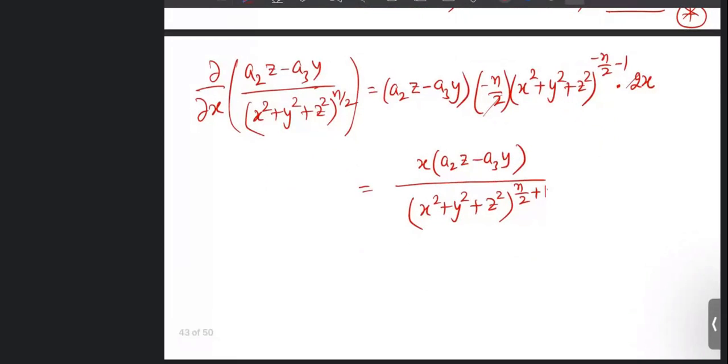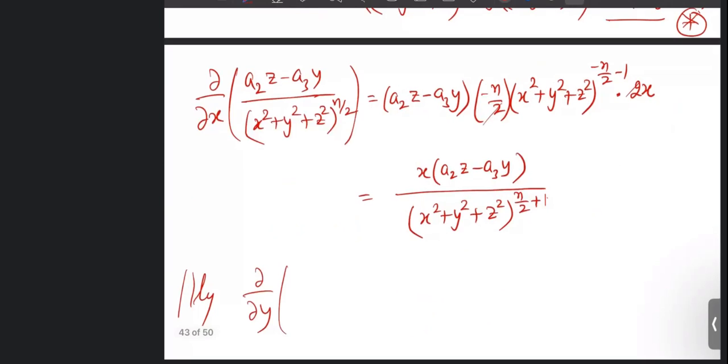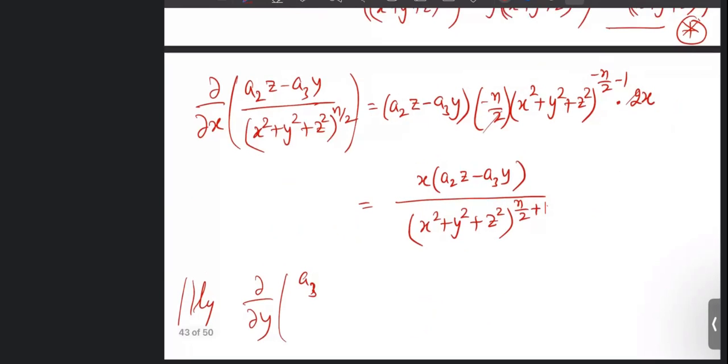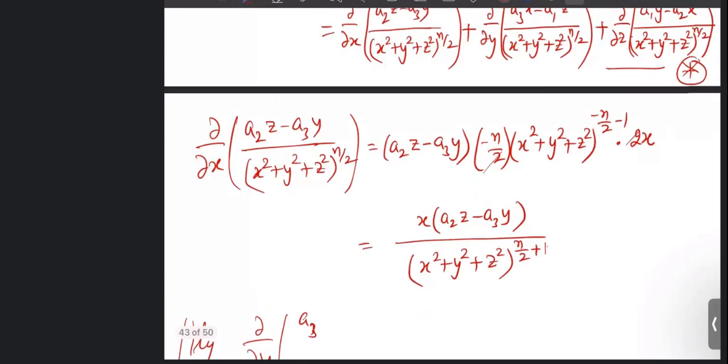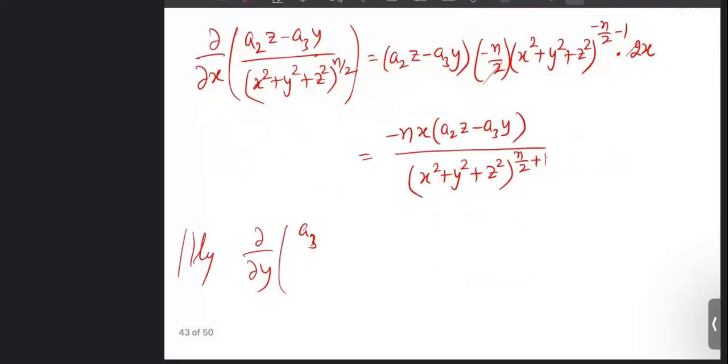Similarly, I write the second term and the third term. Second term: a3x minus a1z divided by (x square plus y square plus z square) raised to the power n by 2.